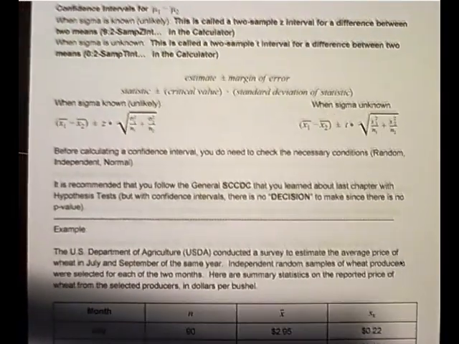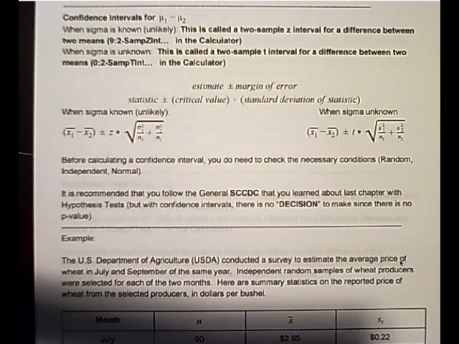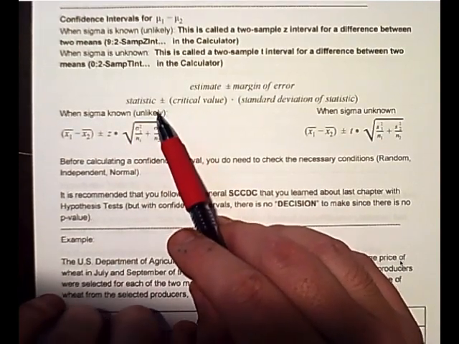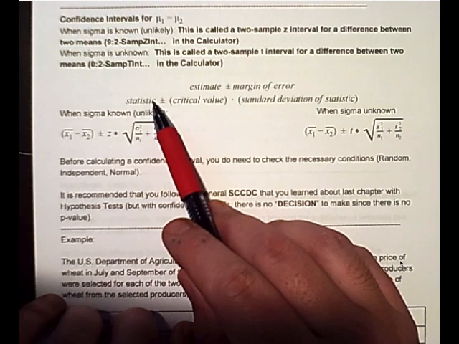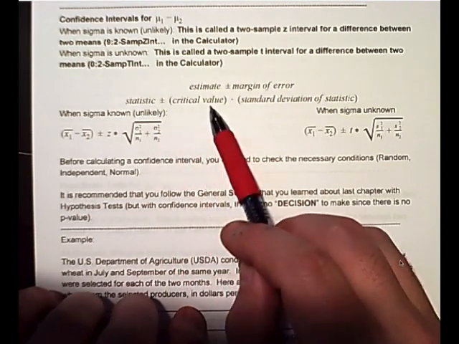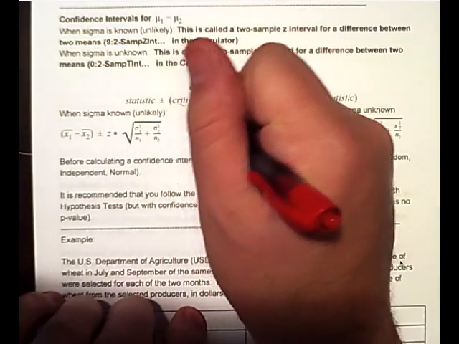So let's first talk about a confidence interval, how to do this part of inference for a difference, mu1 minus mu2. With any type of confidence interval, we take our statistic or our difference of statistics plus or minus the critical value times the standard deviation of the statistic.